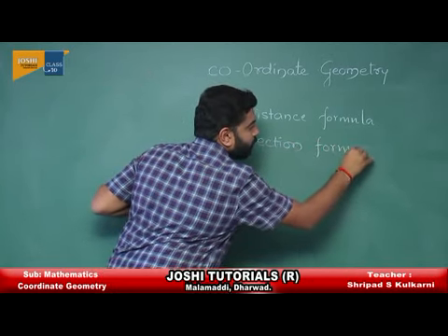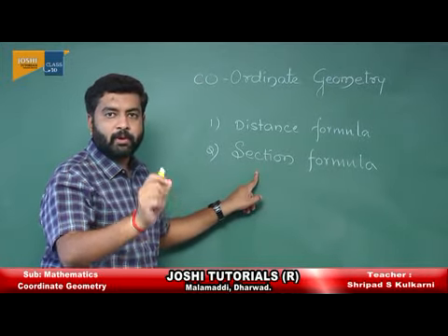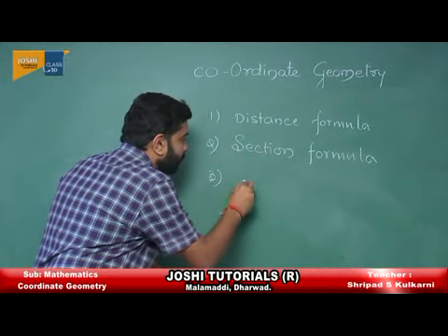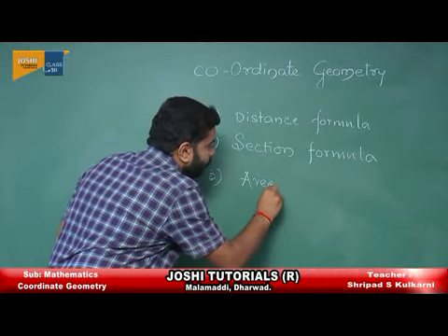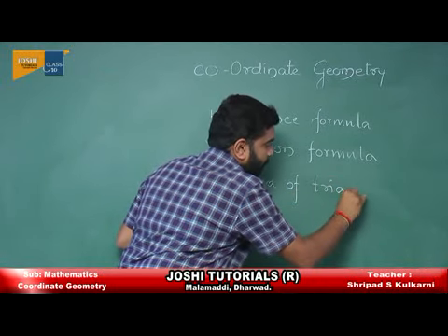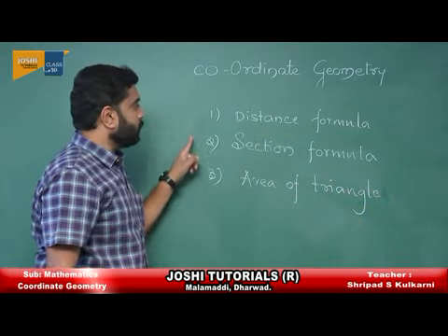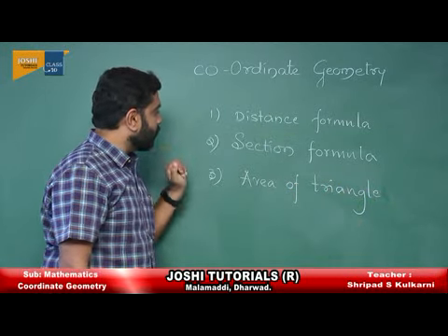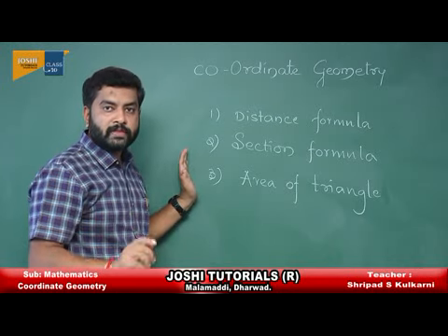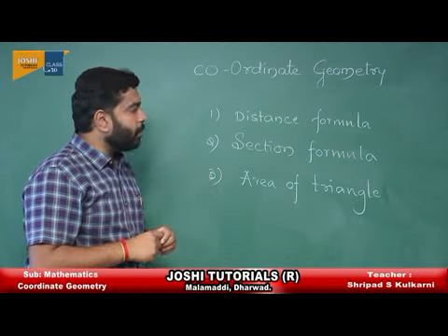Second very important thing, section formula. 100% guarantee problem on this section formula. Third one called area of triangle. 3 things you are going to learn in this. First one is distance formula, second one is section formula, third one is area of triangle. Let us enter one by one.